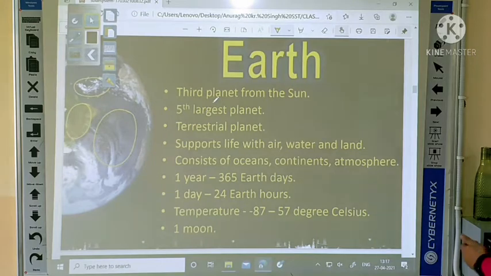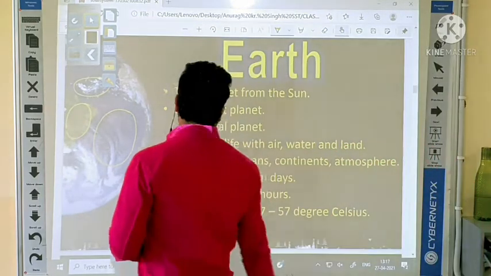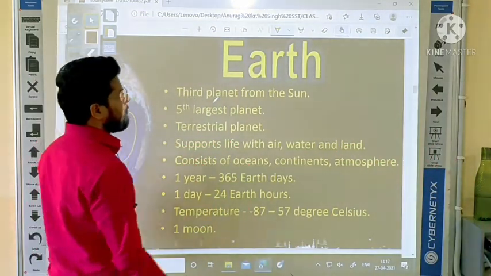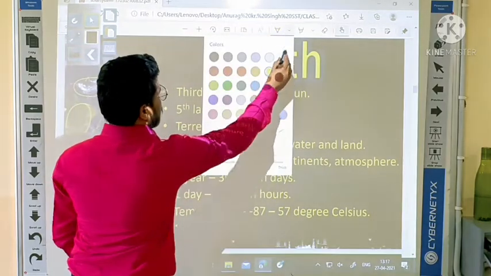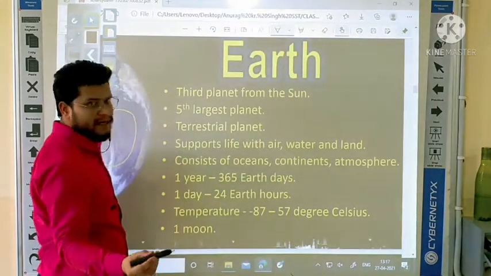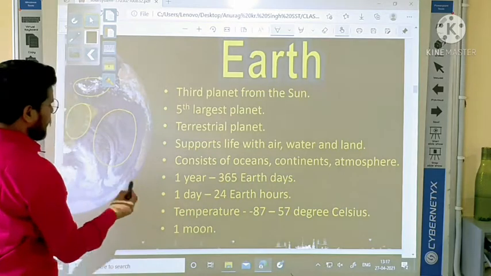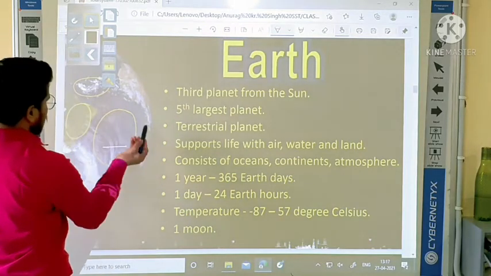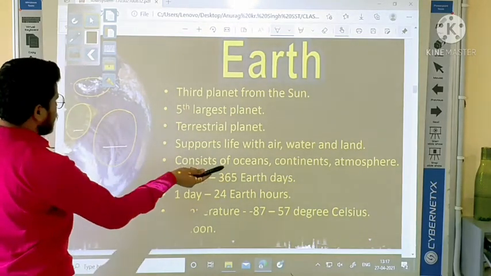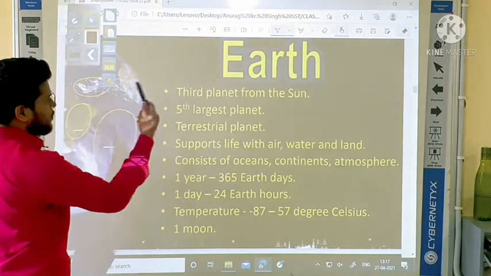See here. Take a revision. We all know that it is blue due to water, green due to vegetation, and white due to cloud.